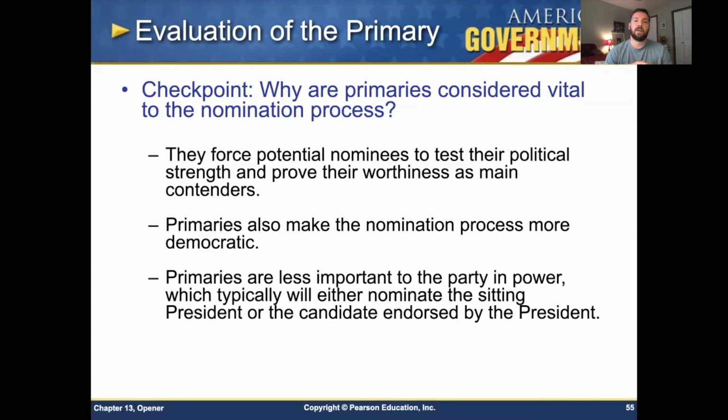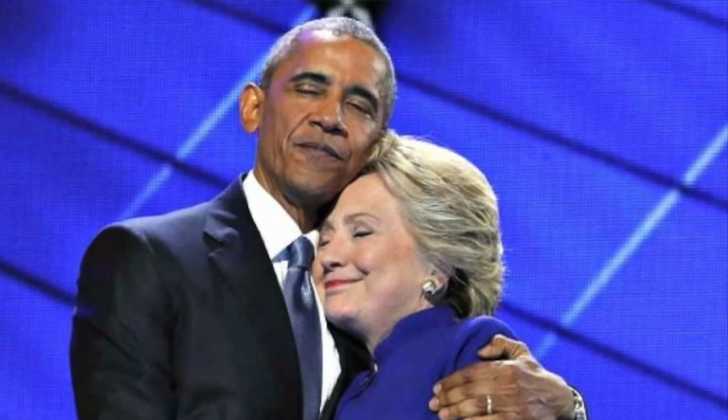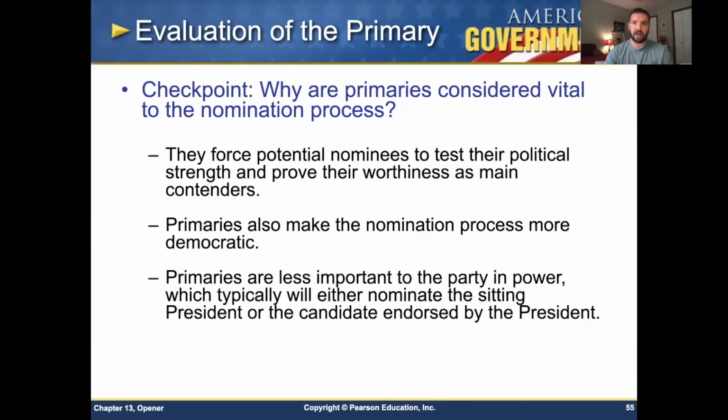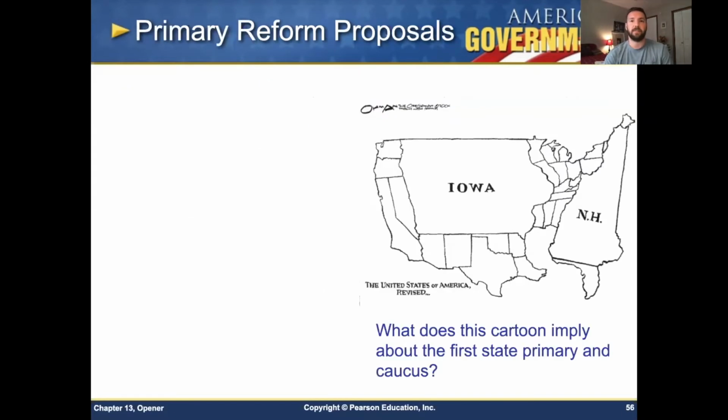Or they'll nominate a candidate endorsed by the president. So if you go back to 2016, President Obama didn't come right out immediately and endorse Hillary Clinton, but everybody kind of knew that Obama liked Hillary Clinton because she had been his Secretary of State. There were just lots of connections there, and she was the de facto nominee, even though Bernie Sanders put up quite a fight back in 2016.